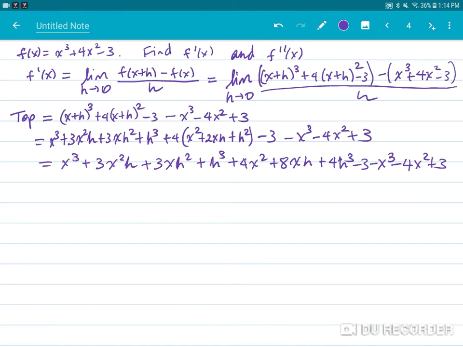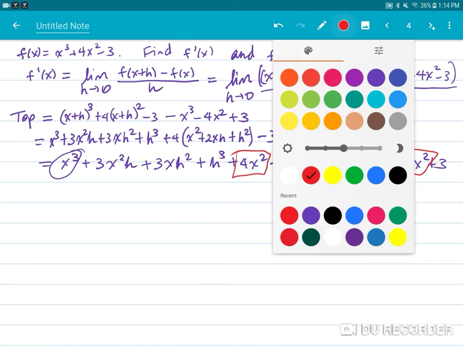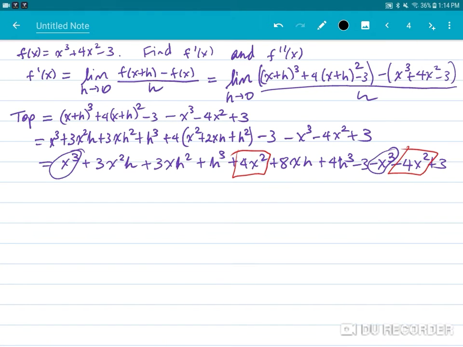Now we see that x cubed minus x cubed cancel, and 4x squared plus and minus 4x squared are gone, and minus 3 and plus 3 cancel.